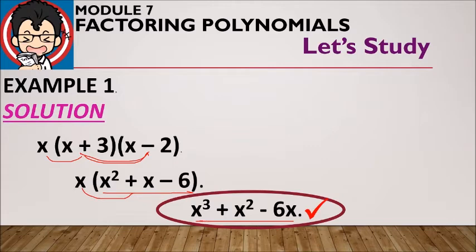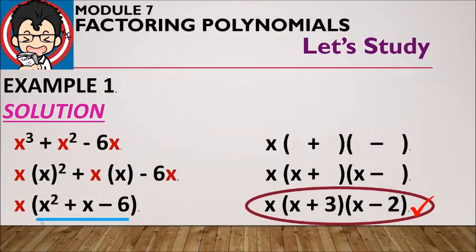And ano ba yung original polynomial natin? Yes, that's correct. The original polynomial is x cubed plus x squared minus 6x. So ano ngayon ang ibig sabihin nito? It means, yes, it means that the factors na na-compute natin kanina is correct.